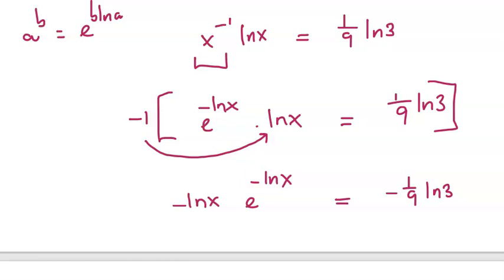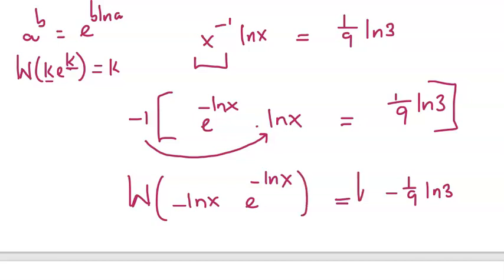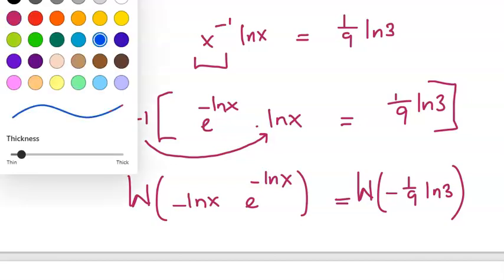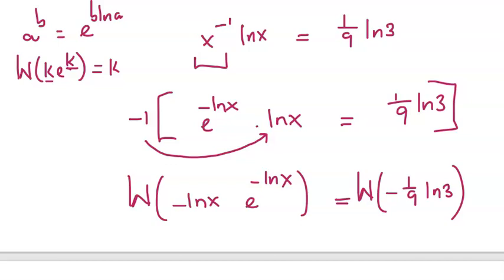So we can use the Lambert W function, but let us take note of the following property of the Lambert W function, right? The Lambert W function of k times e raised to the power of k is equal to k. You can see the power of e is equal with this expression here. So now we can take the Lambert W function on both sides. Okay, so by so doing, we can see that the left hand side we evaluate nicely, right?